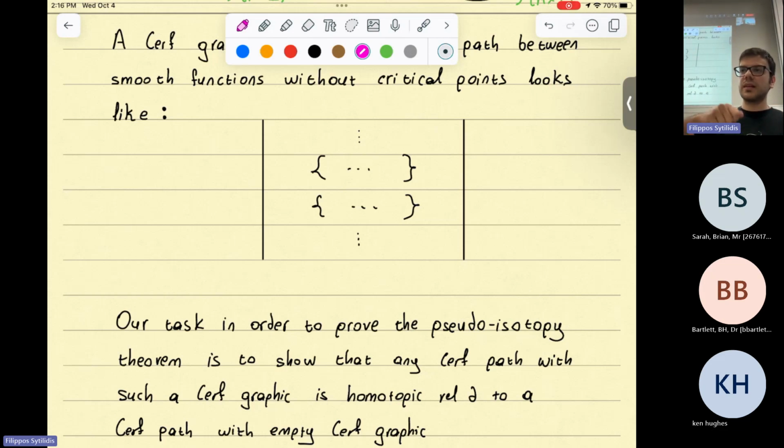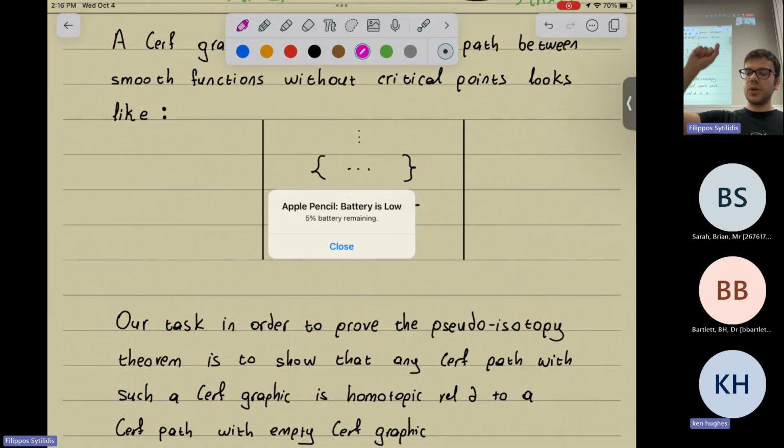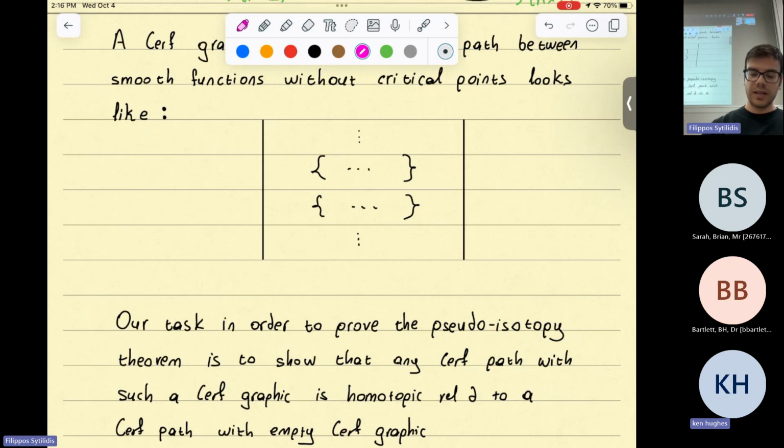You can just have the critical values on the real line of the Morse function. And I want to think of this as the Morse graphic of F0, and I want to think of this as the Morse graphic of F1. But yeah, they don't play any crucial role.